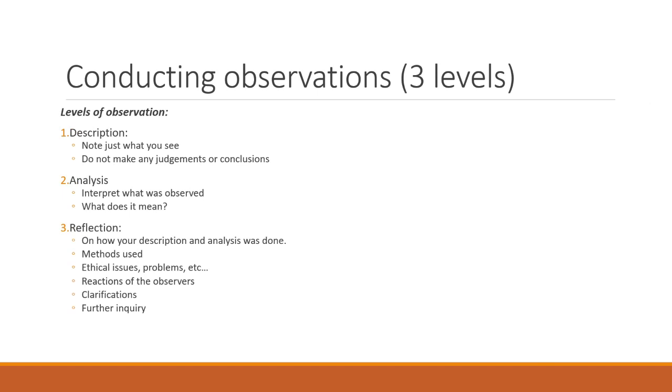Okay. And then there are different ways in which one can do observations. The first one is you're doing this because you want to describe something, you want to describe phenomena. So there, you are not participating, you're just observing, and you just note what you see, and then you make an analysis of your observations. But what's important is that it's very critical that you don't make any judgments or conclusions, because you have not engaged with people, you have not gotten a deep understanding of what's going on.